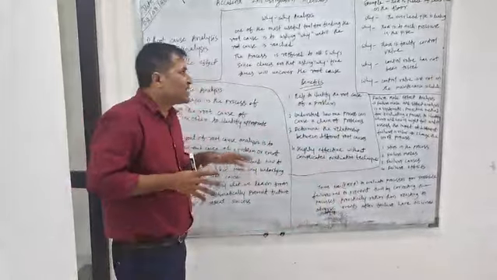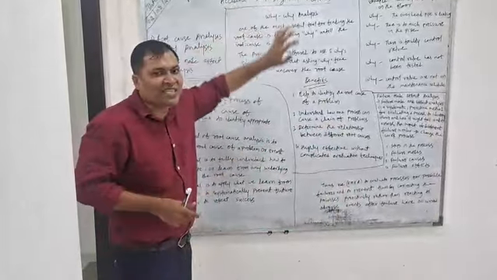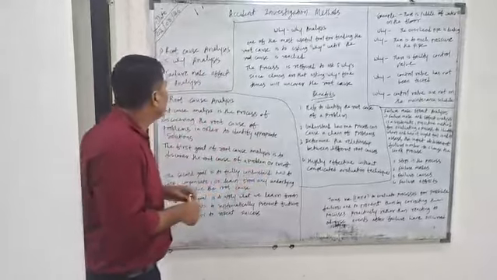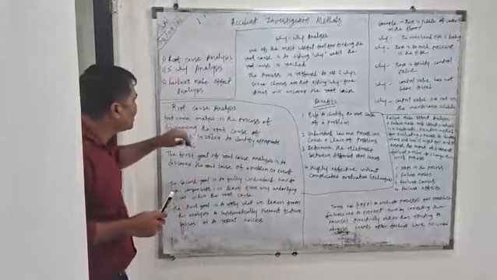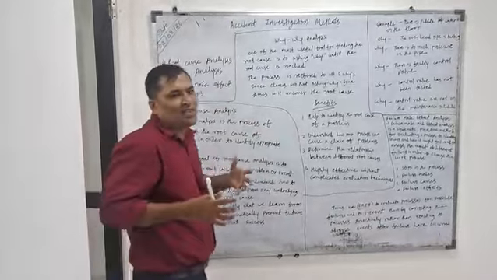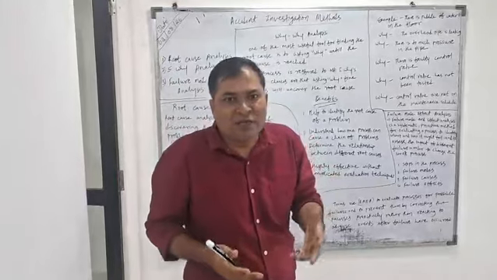We'll discuss overall things related to accident investigation methods and root cause analysis. In root cause analysis, these are the points. We'll also go with 5 Why. You have to ask questions about how the accident took place.